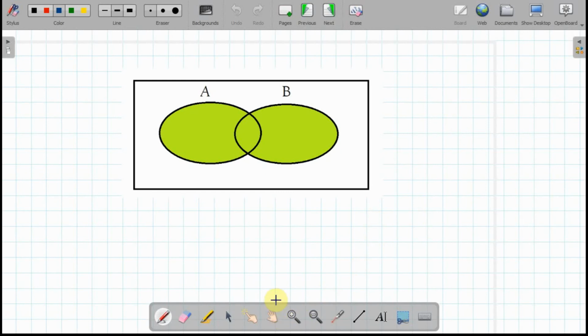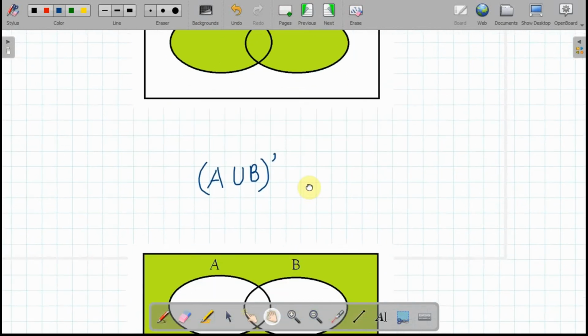This diagram, as we've seen before, represents A union B. Now, what happens if someone asks us to shade in A union B, but not that? It would be written like this, A union B with an apostrophe outside.